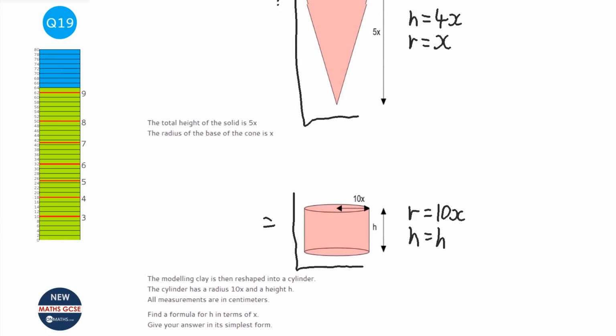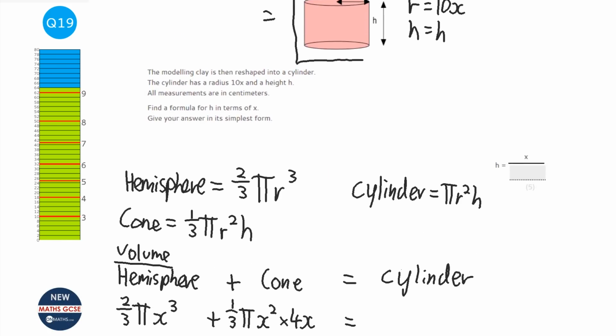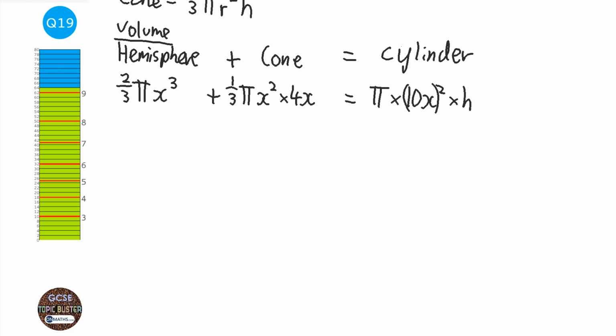Let's double check that. Always double check. Yeah, it is. Okay, so the cylinder is pi, and what's the r? So pi times 10x squared, and all of that squared because all of that is r, times the height, so times h. Okay, so this is the formula we've got to work with.